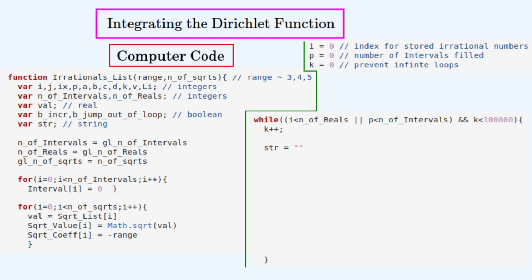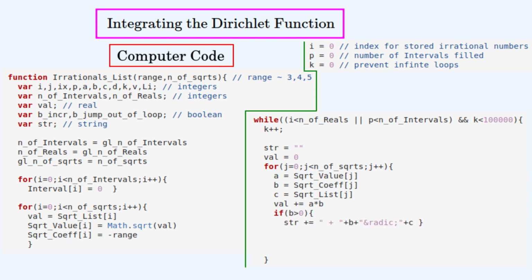We'll add more to this string as we cycle through the next while loop. And the decimal value of this irrational number will be equal to 0 to start with, before we start to add irrational numbers to it. We'll make a loop to go through all of the square roots that we wish to add to it. So this is where we add the square root value onto the value of this irrational number.